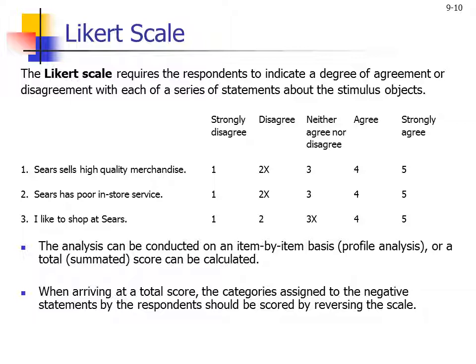Please indicate how strongly you agree or disagree with each by using the following scale. 1 shows strongly disagree, 2 disagree, 3 neither agree nor disagree, number 4 agree, number 5 strongly agree.